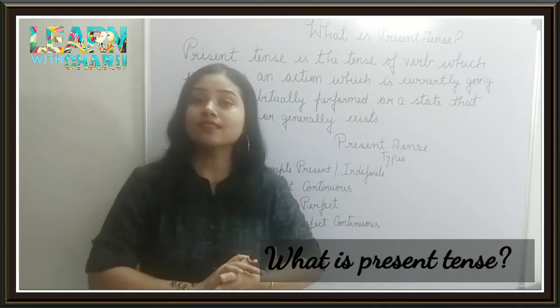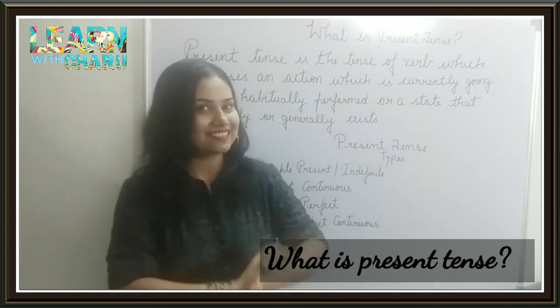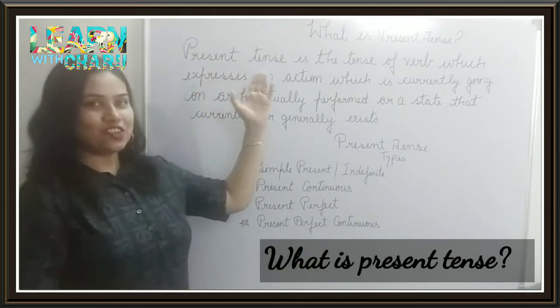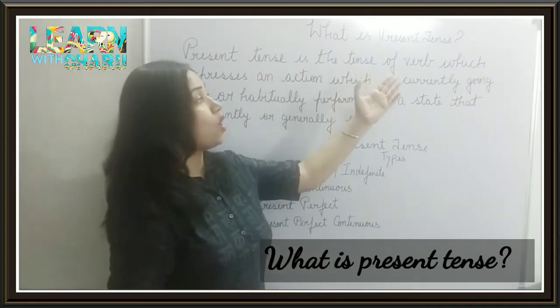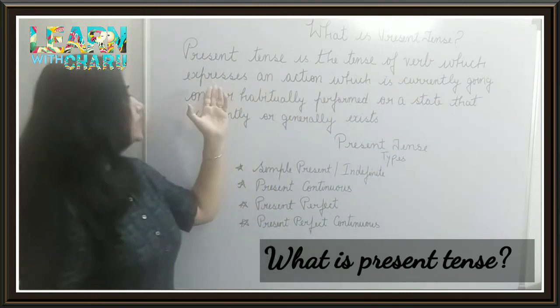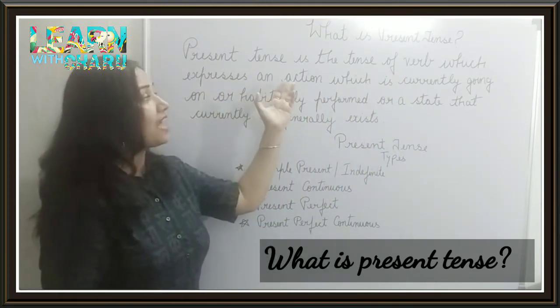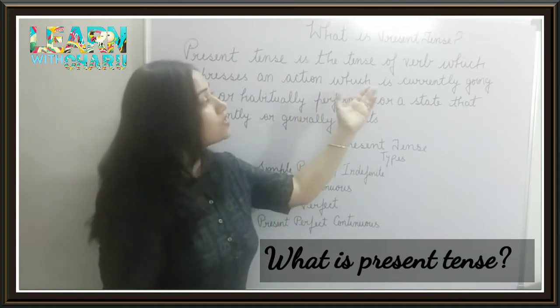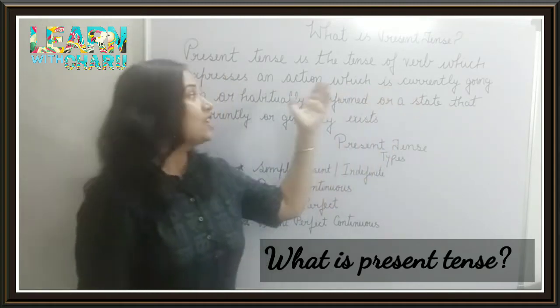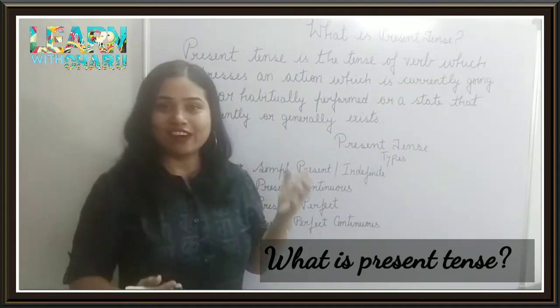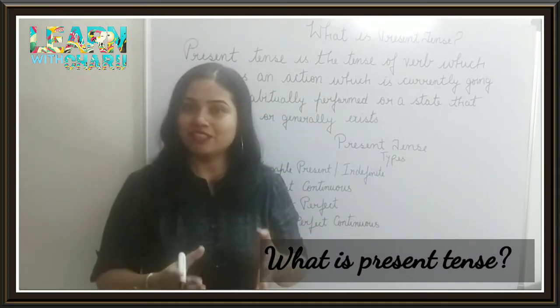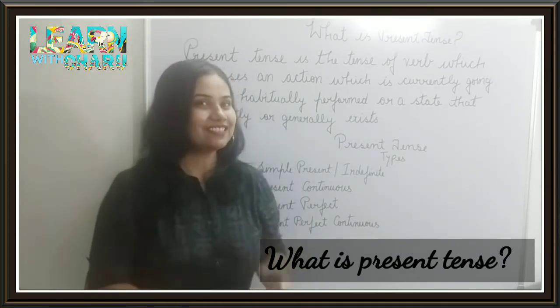So, what is present tense? Present tense is the tense of verb which expresses an action which is currently going on. For example, right now I'm teaching you English, right?